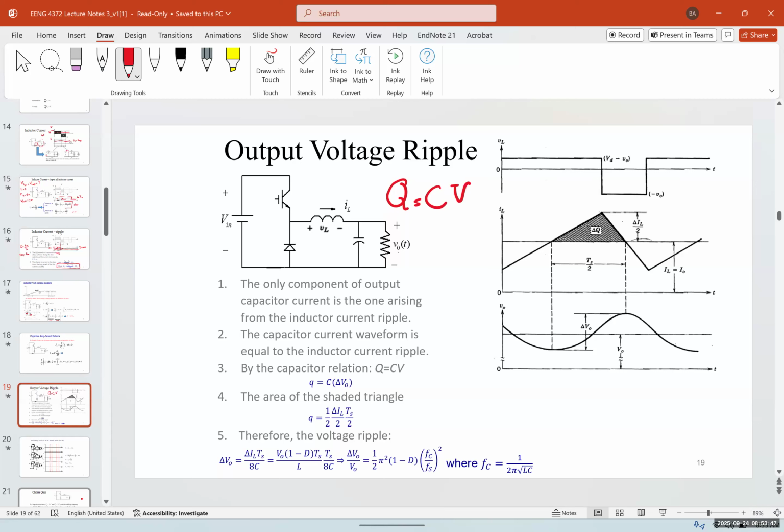In other words, Q is equal to C delta V. Now again, what happens in the capacitor? The capacitor is charging up, so the current is going up, and then it's discharging. So charge and discharge cycle.